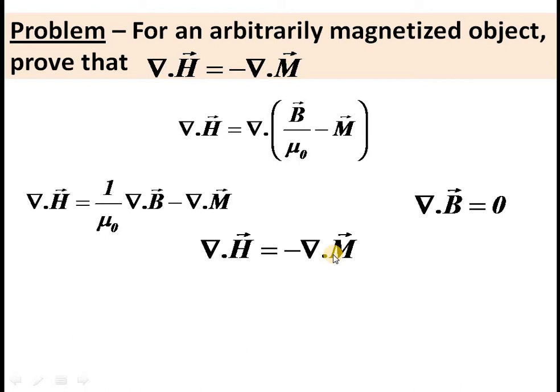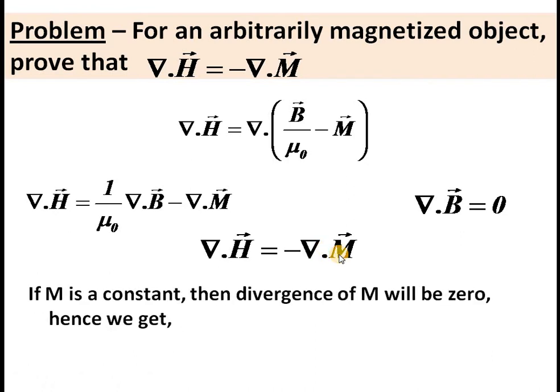Suppose the magnetization is uniform. Del dot M exists when M is diverging or M is non-uniform. If M is constant, uniformly magnetized, then del dot M will be 0. In that case del dot H will be 0. If it is not uniform, non-uniformly magnetized, then there will be a del dot H. So that difference must be understood.